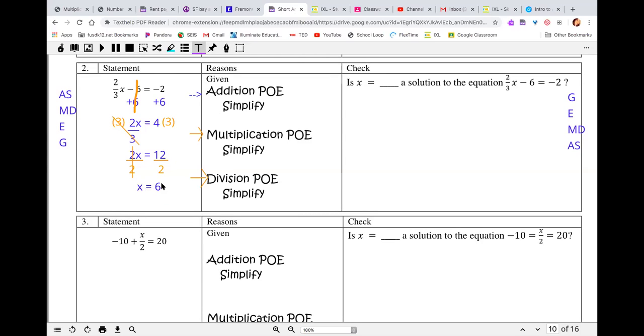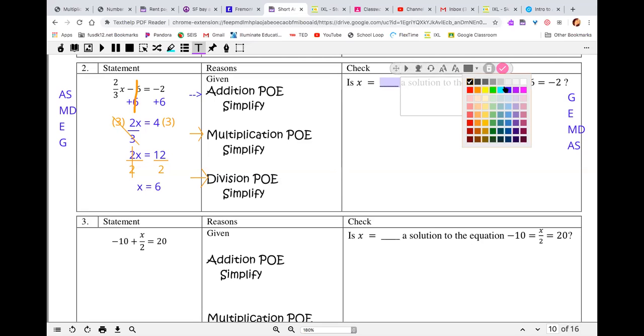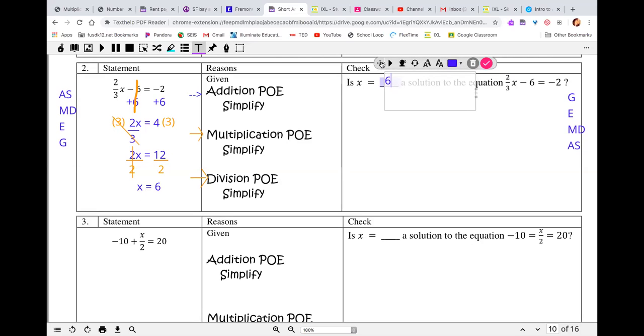So what do I do with this information? Put it up there for check. Very nice.